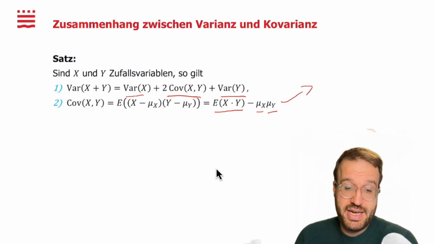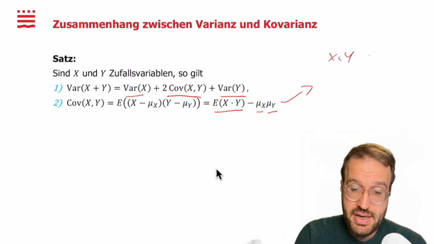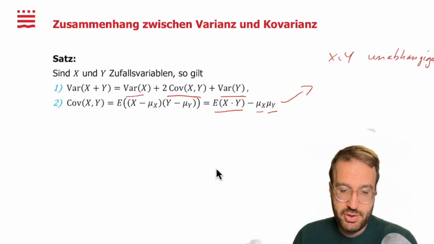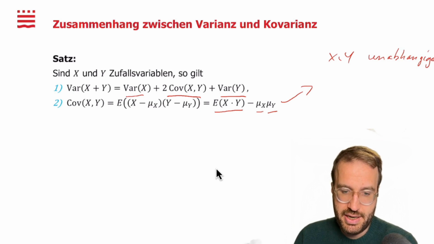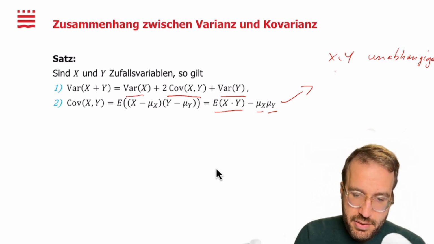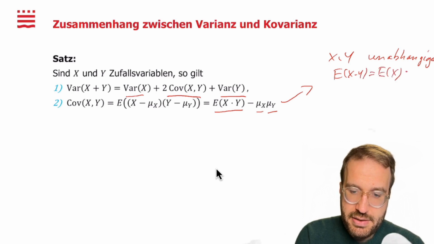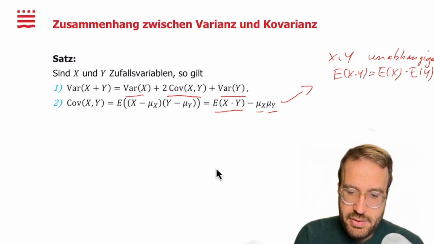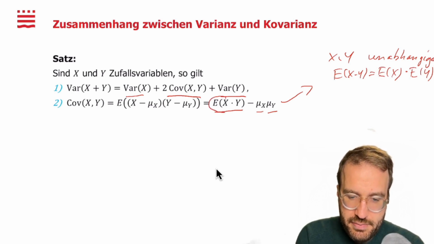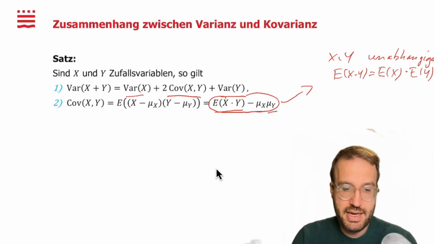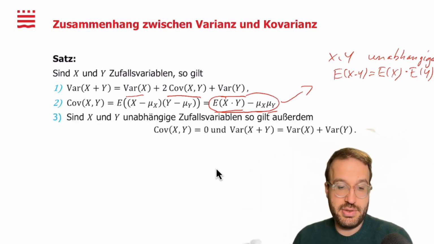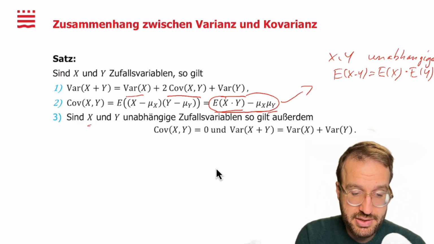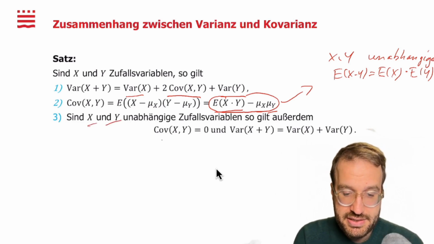Let's look at the case where X and Y are independent random variables. For that, we already know the formula for E of X times Y: it is E of X times E of Y. Then you see that this term becomes 0. And that is exactly the third statement: if X and Y are independent, then the covariance is 0.